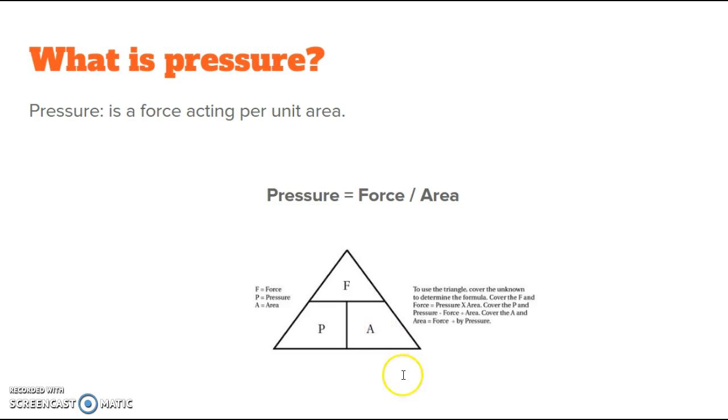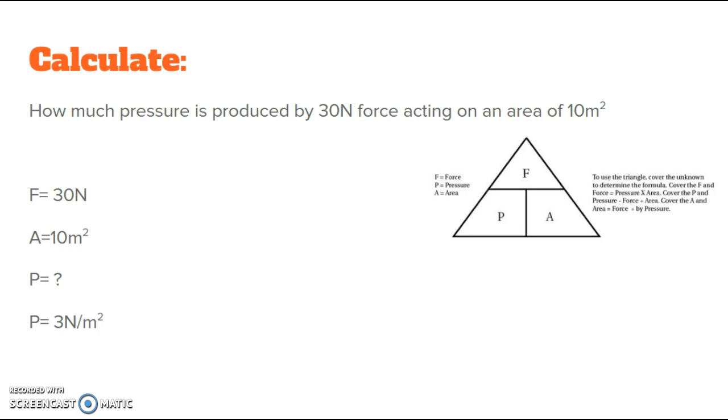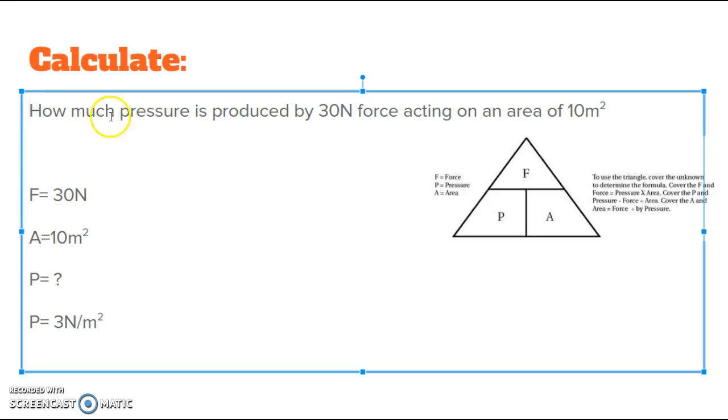Let's go ahead and take a look at what one of these problems might look like. How much pressure is produced by a 30 newton force acting on an area of 10 meters squared? Looking at our word problem, we see that "how much pressure" is the key phrase, so we know that's what we're solving for as our unknown.